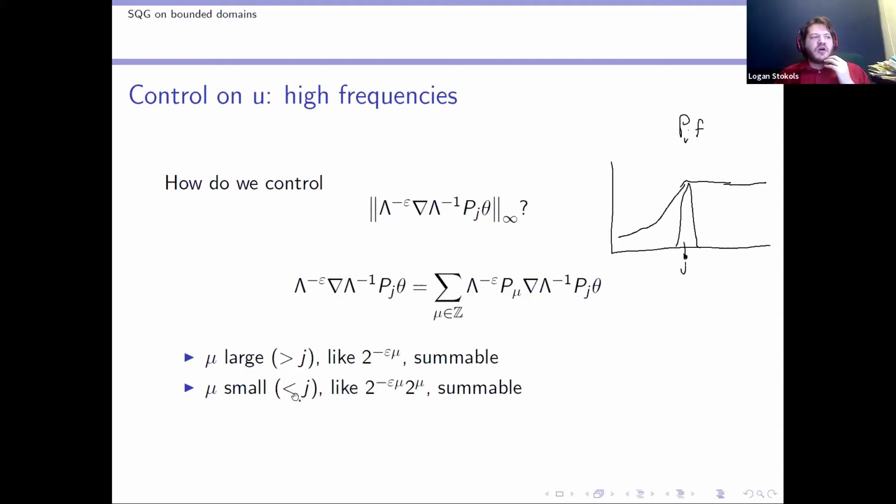And when you take the small frequencies, less than j, then the fact that you have this exponential decay makes them also summable. And so the result is that this is summable in L infinity, and you get the bound you need.